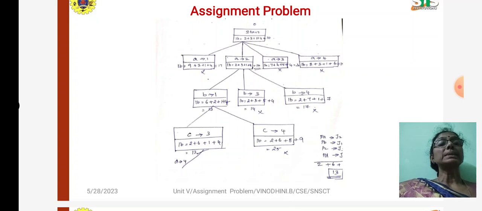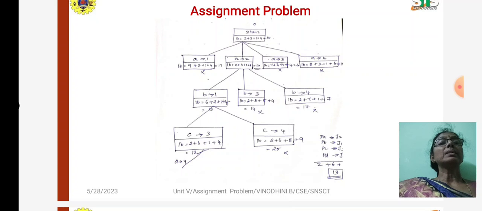Suppose you are assigning the first job to person A, the lower bound value is calculated by taking the first row value and the remaining value calculated from the 3 by 3 matrix, whichever is the minimum. We add that value and we get the value of 70.